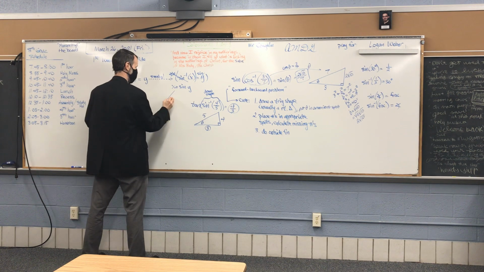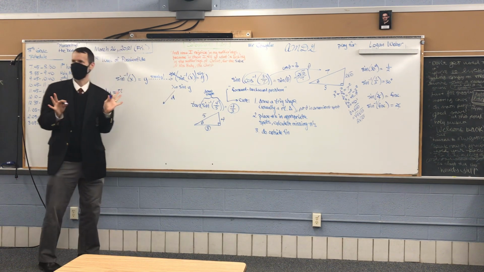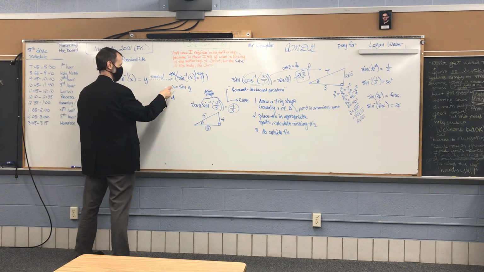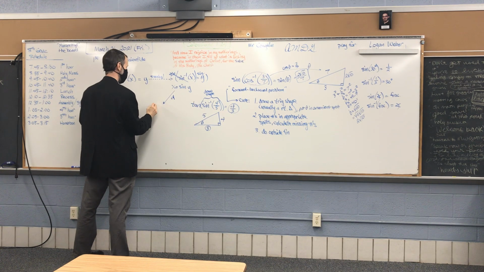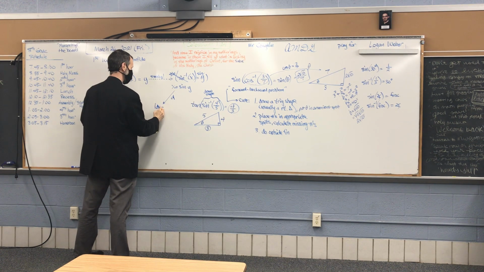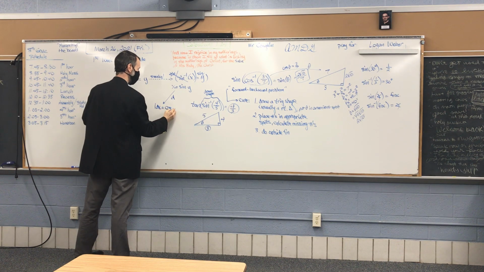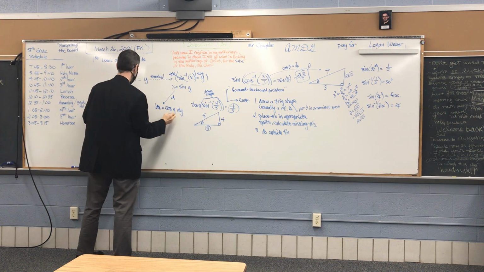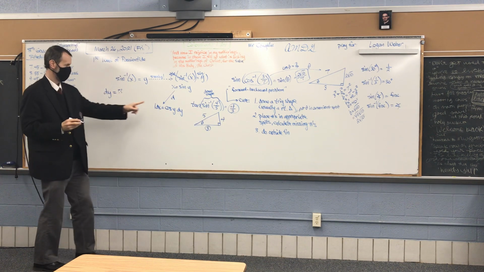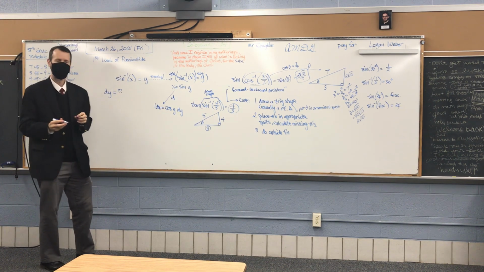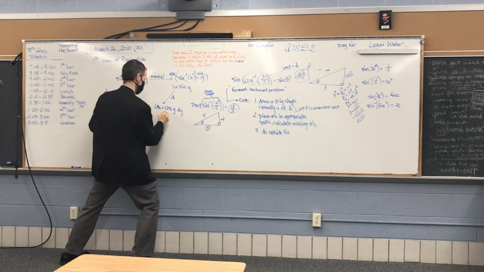Let's take the derivative. Now you do have to leave the dx's and dy's lying around. So what's this? 1 dx equals, what's the derivative of this? Cosine of y dy. Now, can you get dy by itself? Divide both sides by cosine of y.